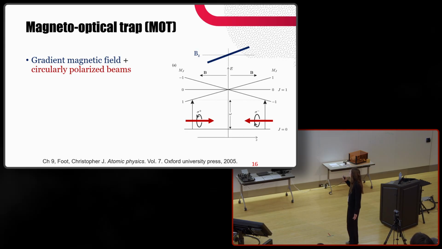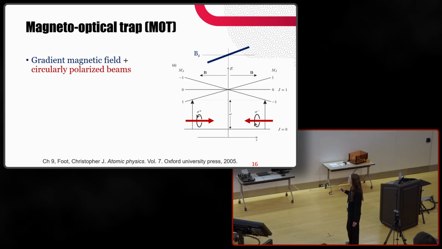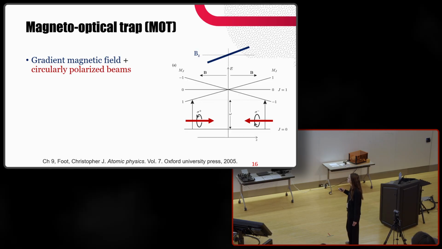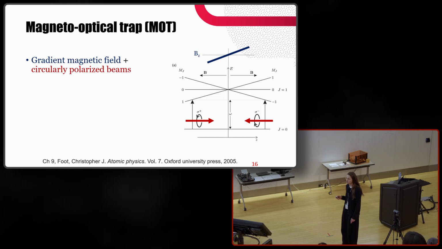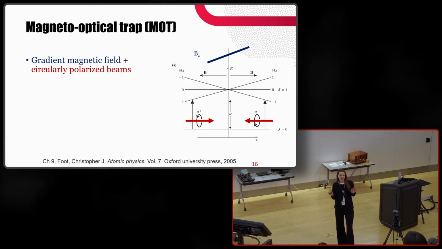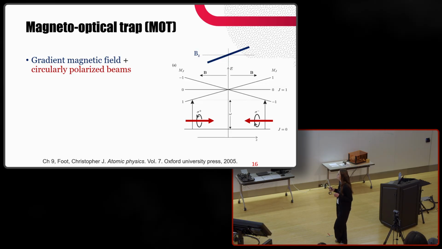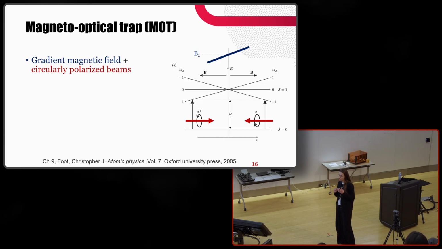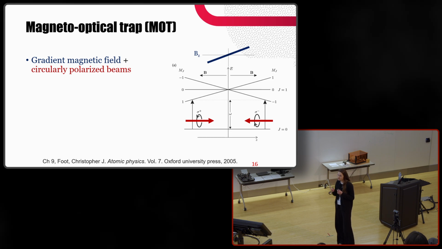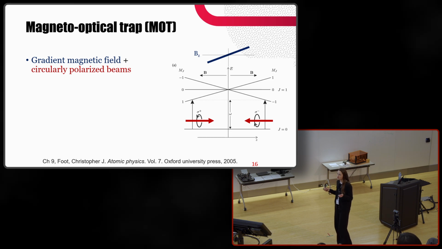The system is quite similar. We still have laser beams from both directions, but now they have particular polarization, and we have a gradient magnetic field. The idea is more or less the same as for molasses, but previously we had a preferred direction, which of the beams we would absorb based on how close it is to resonance, and this closeness to resonance was defined by the speed of atoms.